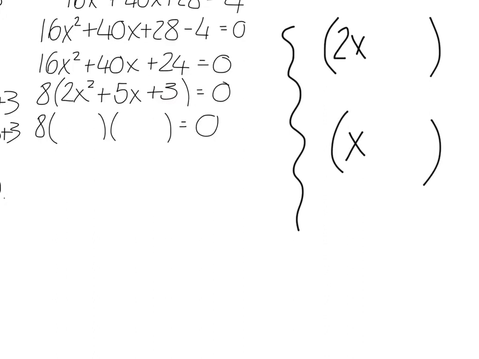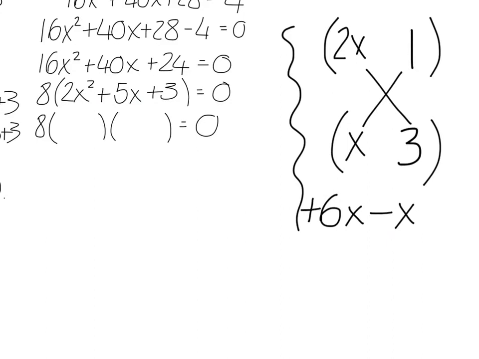So what we can do is try 3 in here and 1 in here. Do a crossover working. 2x times 3 gives us 6x, and x times 1 gives us x. So we need these things here to give us a plus 5x in the middle. So if we make it plus 6x and minus x, that gives us the plus 5x that we need.